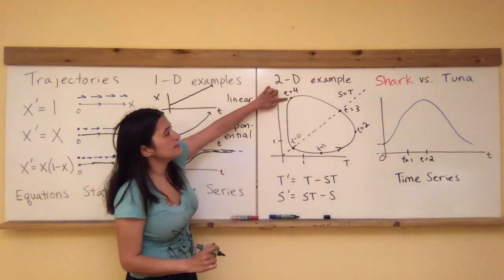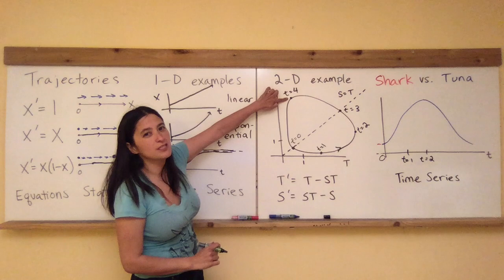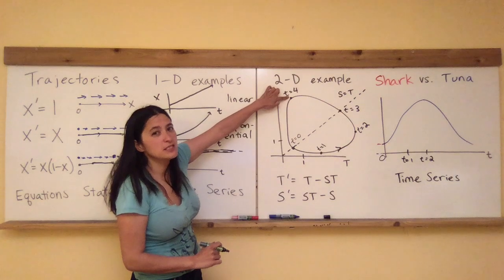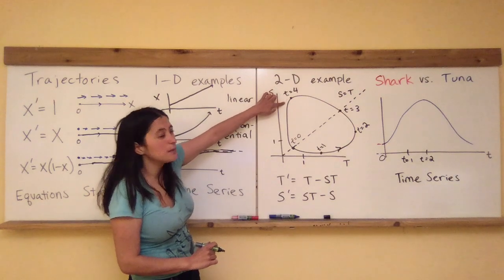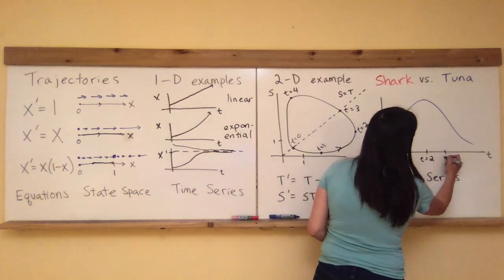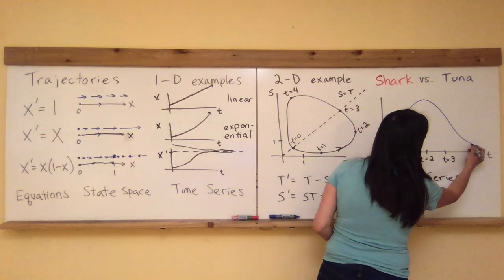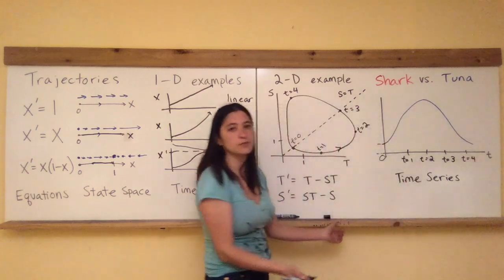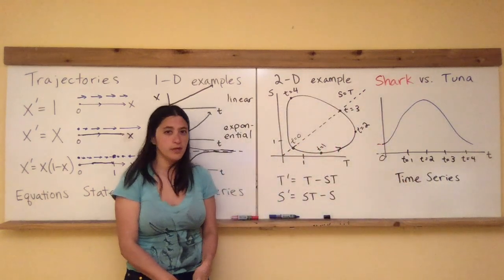Now, rightly, this point I marked as t equals 4 is a little bit before the tuna really dips down to its lowest, because it goes to the left just a little bit more. So here I'll say this is t equals 3, and right before that final dip, I'm going to mark t equals 4.